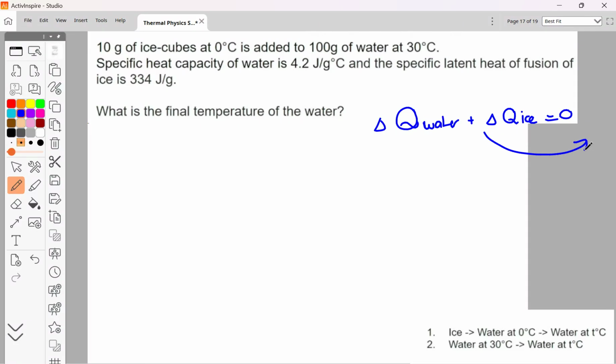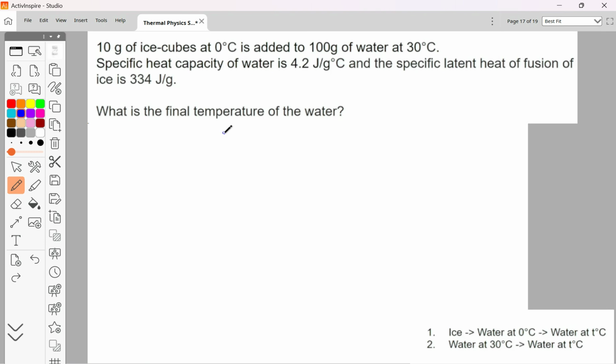Then, if you take that to the other side, yes, it will become negative. But then you must be very careful, as I said before, with your signs. Rather don't do that. But if that's what you want to do, make sure that you're doing it correctly.